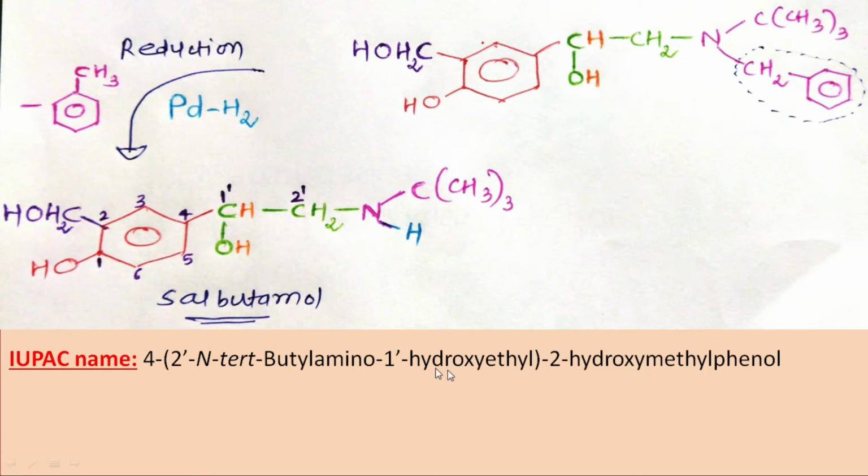This substitution we will write in the bracket. On the second position of phenol, hydroxymethyl is present. So we will write 2-hydroxymethyl phenol. This is the IUPAC name of salbutamol.